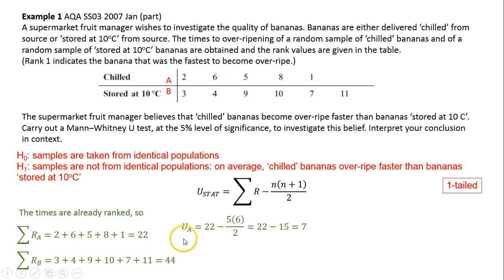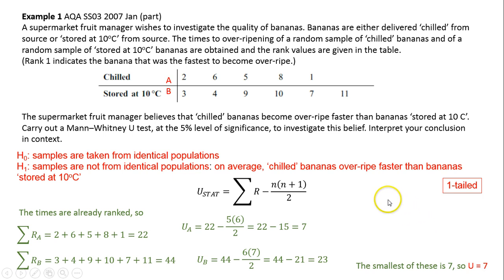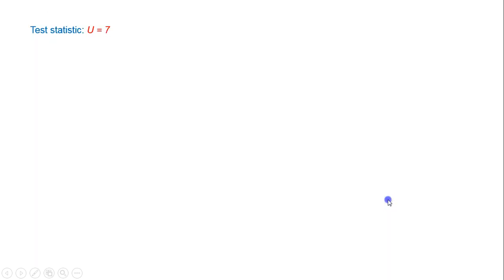For A, the test statistic is 22 take away 5 times 6 over 2, giving us 7. For B, it's 44 minus 6 times 7 over 2, giving us 23. There were different numbers in each group. The smallest of these is 7, so U is 7. Our test statistic is 7.